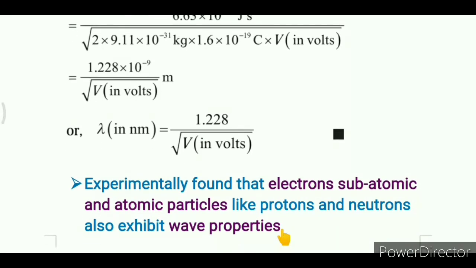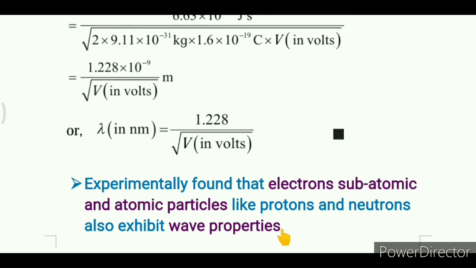Experimentally, it is found that electrons, and subatomic and atomic particles like protons and neutrons, also exhibit wave properties. That means, as per the de Broglie hypothesis, which he proposed on the basis of symmetry existing in nature, if radiation has a dual nature, that means sometimes wave nature dominates and sometimes particle nature dominates, then matter may also possess dual nature.